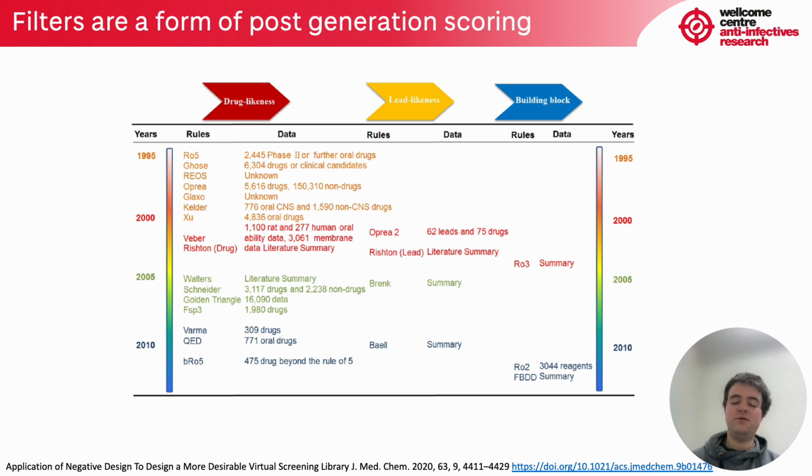Finally, I'm going to point out one additional area in this idea of post-generation scoring. Post-generation scoring happens after the generative design method has been completed. On the other hand, you can also have pre-generation scoring. This is where we may score seed compounds. Or during search scoring, this is where we actually score as the search is progressing.